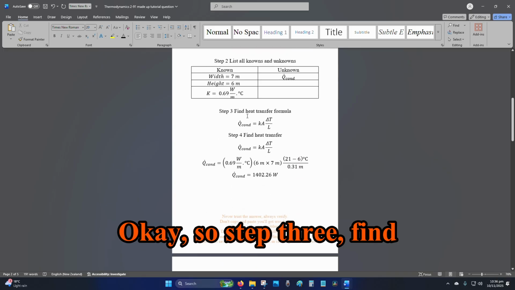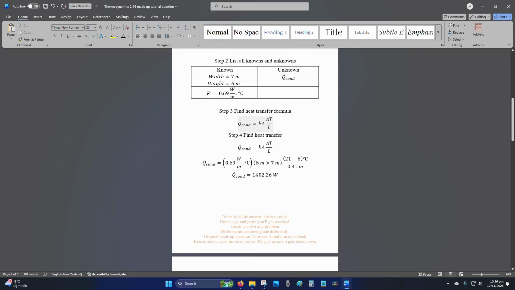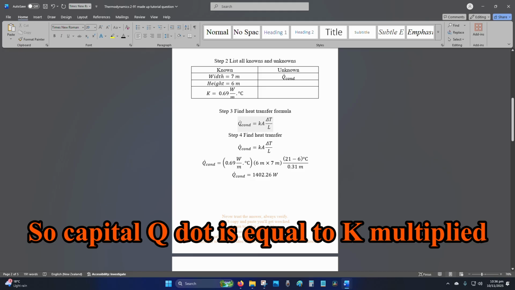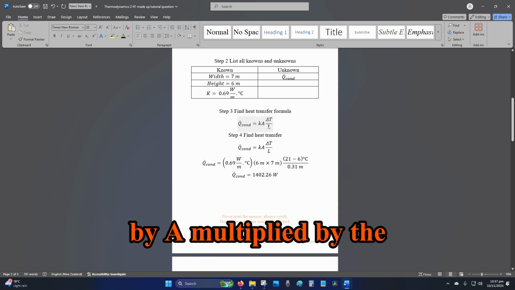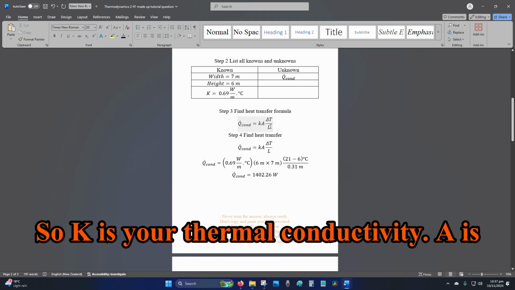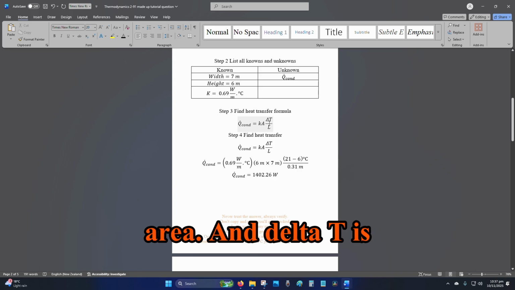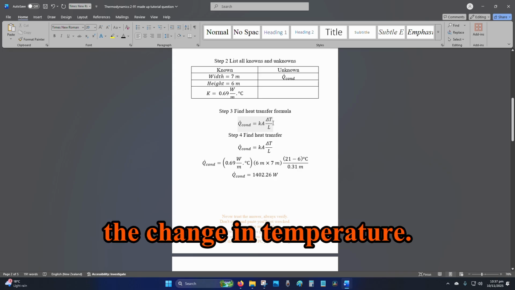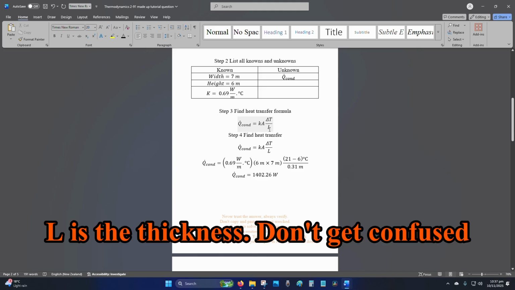Okay, so step 3, find the heat transfer formula. So capital Q dot is equal to K multiplied by A multiplied by the change in T divided by L. So K is your thermoconductivity, A is area, and delta T is the change in temperature, L is the thickness.